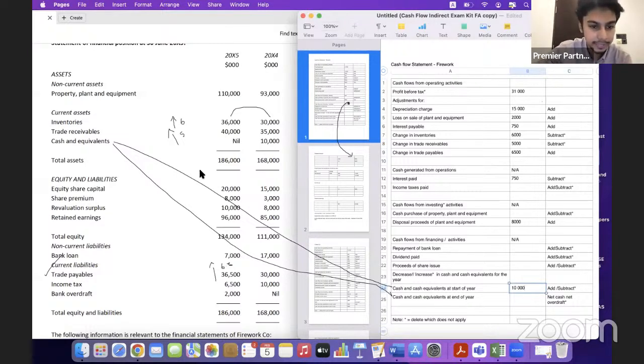Okay, then guys, they are telling cash and cash equivalent in 2005 is nil. Okay, what does that mean? If it's nil, check and see, is there an overdraft? That's the indication. Normally, guys, if cash is nil, check at the same time whether there is an overdraft. Let's see. Here, guys, can you see bank overdraft 2,000?